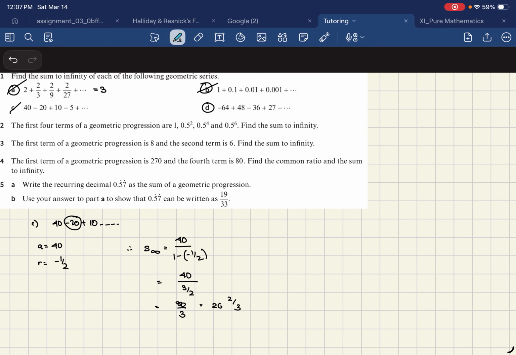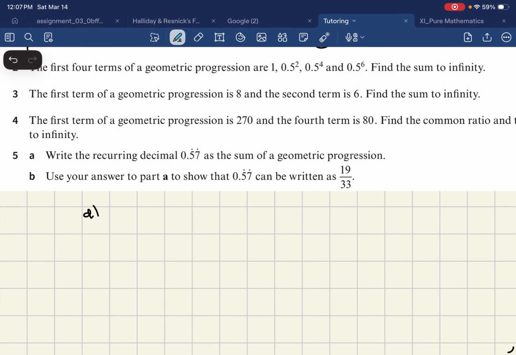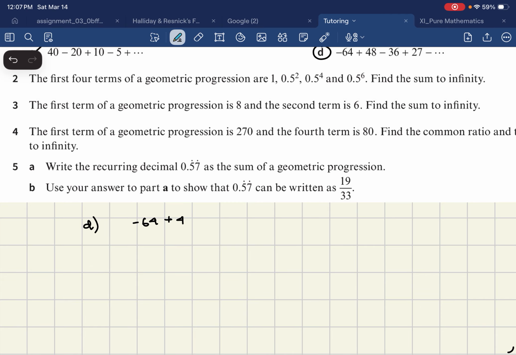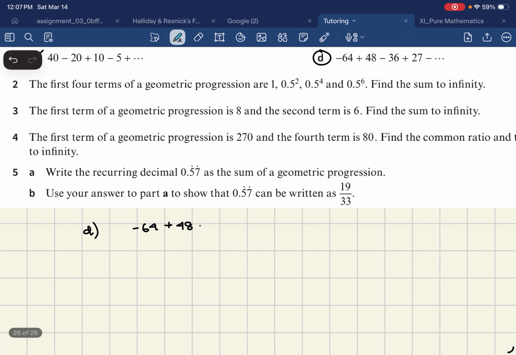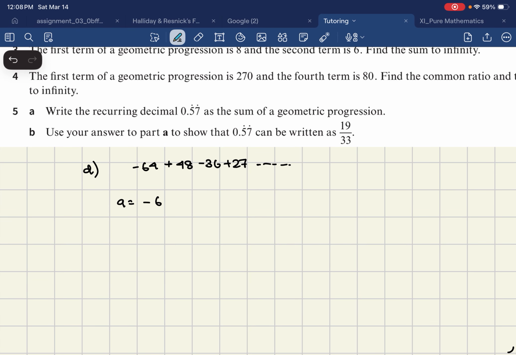All right. And let's do D. So D just says negative 64 plus 48 minus 36 plus 27, and it goes on. So our A is negative 64. Our common ratio is going to be 48 divided by minus 64, right? T2 divided by T1.